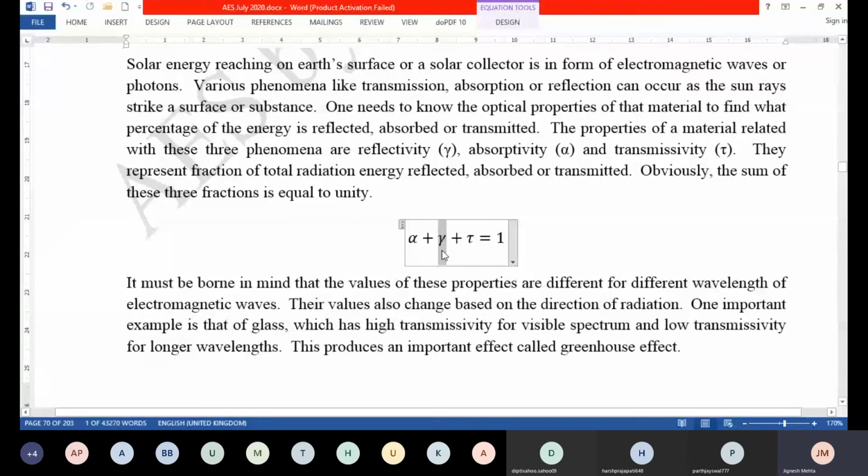And what happens to that heat? Sorry, the reflected part is totally lost, and for the absorbed part, what happens is the glass gets heated, and most of that heat is lost to the atmosphere, and some part may contribute, but that will be very negligible, right?